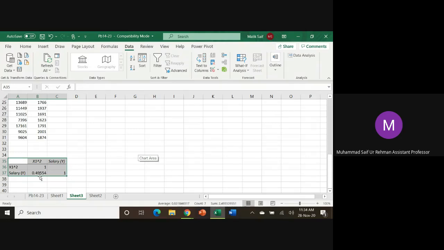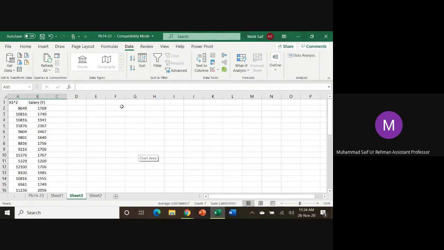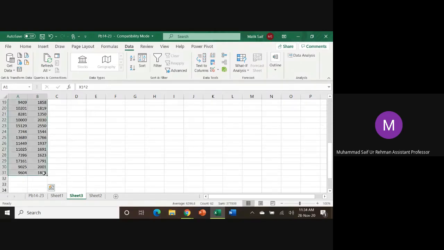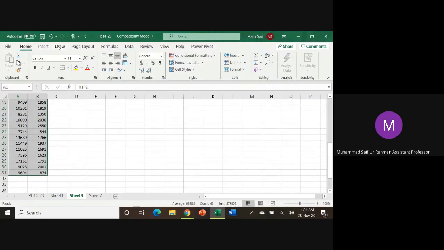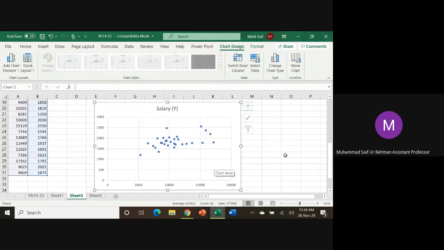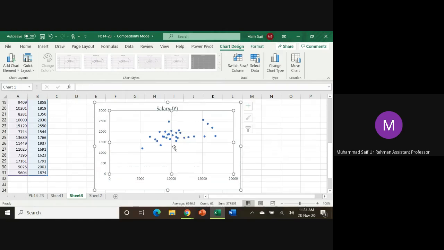The relationship is further weak. So now if we are going to have its graph, how will you have its graph? See, so this curve will be like this, you can say.